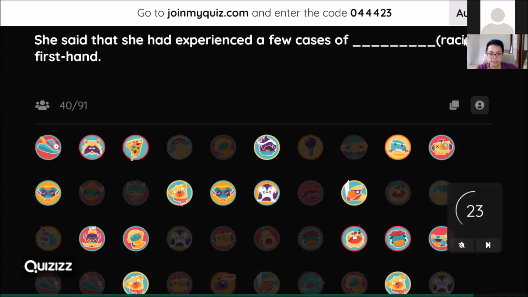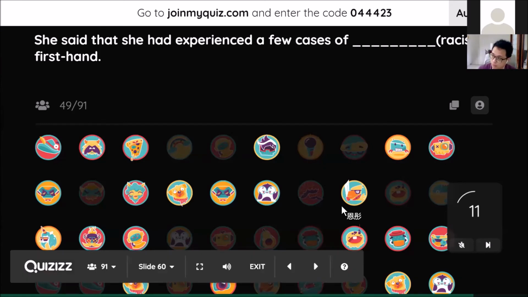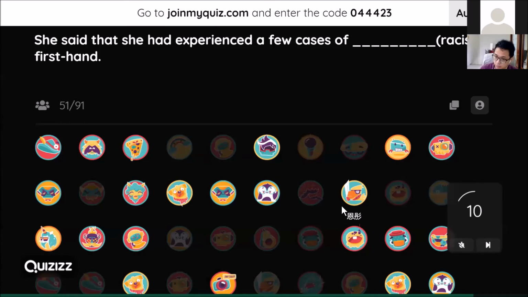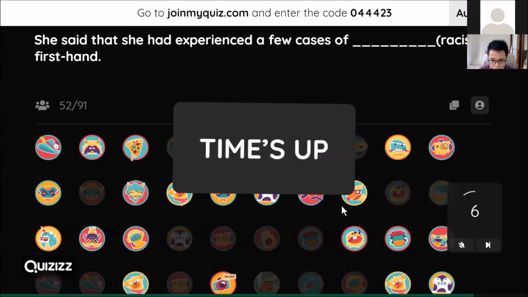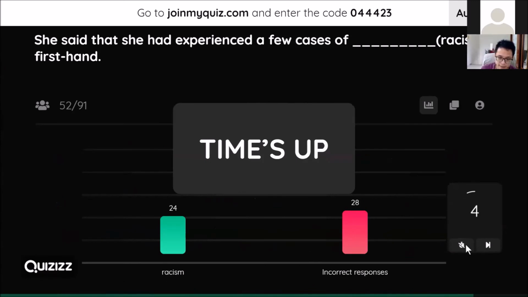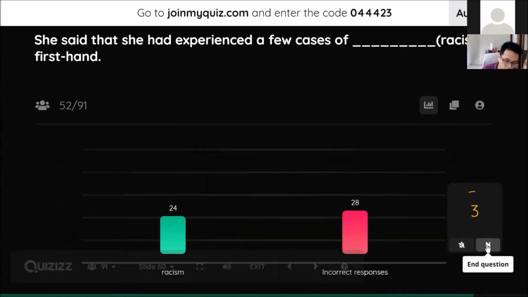Then the idea is racism. Okay. This one is not all the time, but it is quite common. This pattern is quite common also, but it's not for all words, huh?